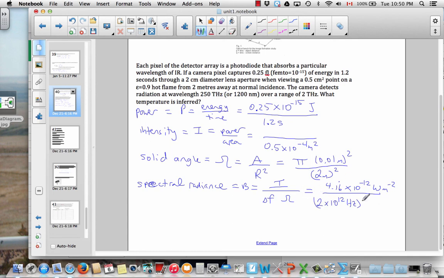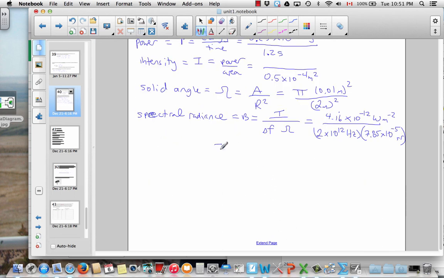And the solid angle calculation here works out to 7.85 times 10 to the power negative 5 steradians, SR, of solid angle. So our spectral radiance, our B function, ends up being 2.65 times 10 to the power -20 joules per second per square meter of object area per hertz of frequency range per steradian of solid angle captured by the camera.